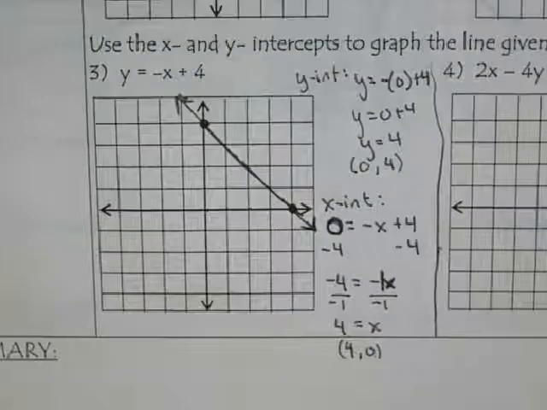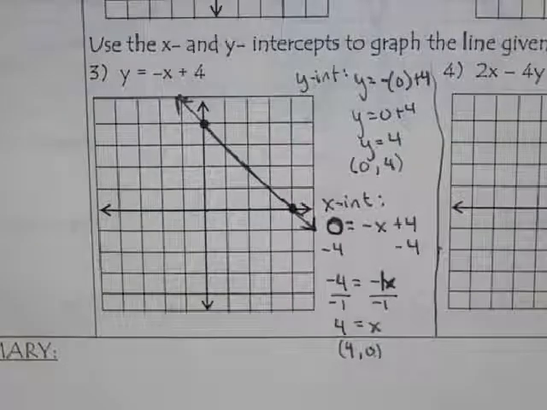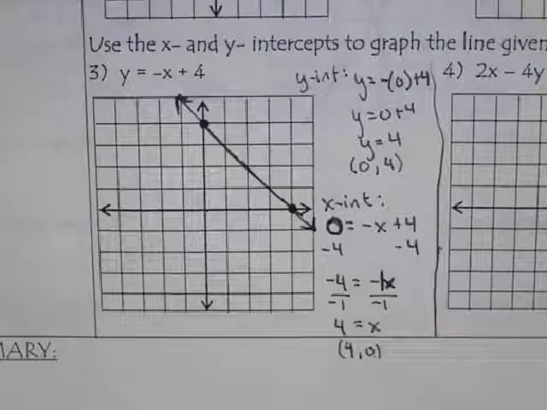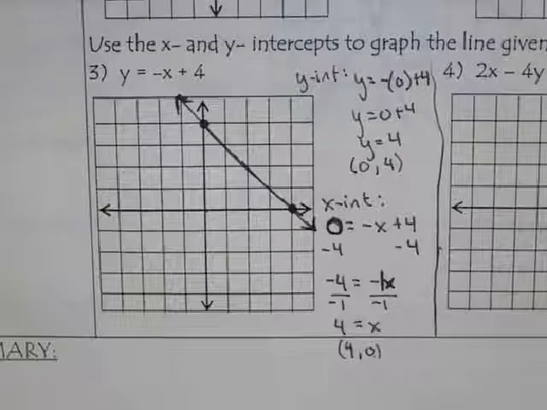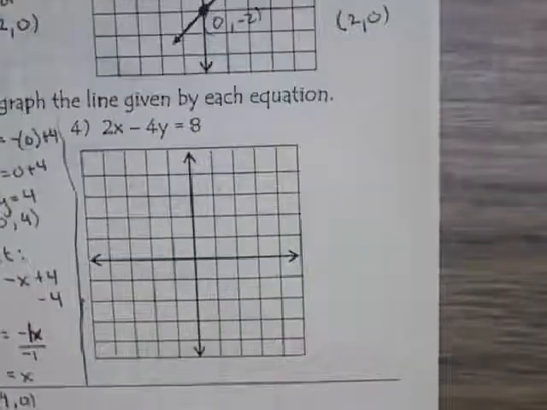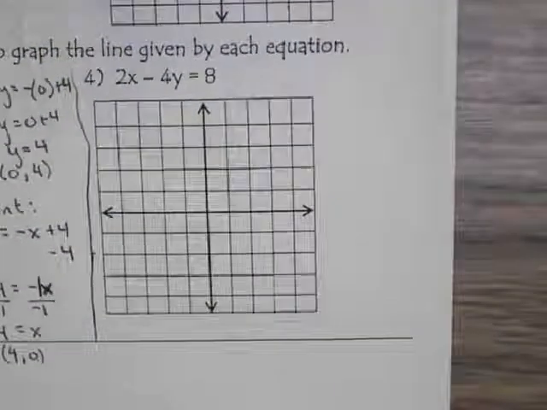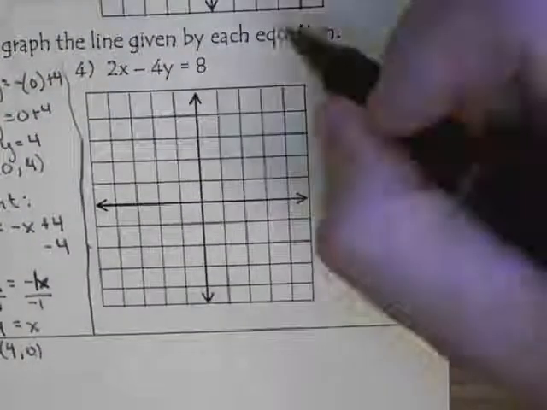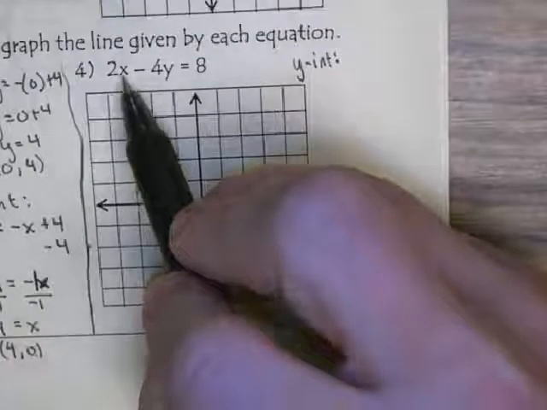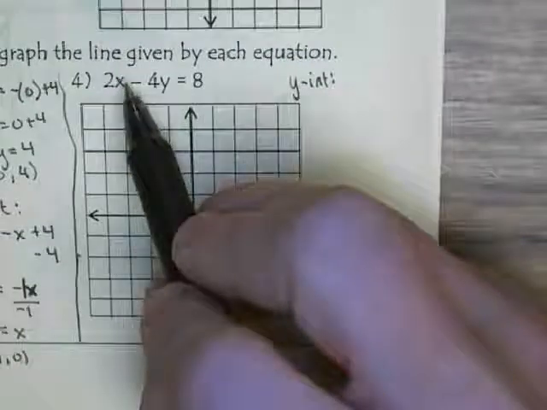Okay. Now if you would pause the video right here and try number 4 on your own. Okay, so hopefully you tried number 4 on your own. Let's go ahead and look at it. Let's start by finding the y-intercept. That's when x equals 0. So I'm going to change the x into a 0 and solve for y.